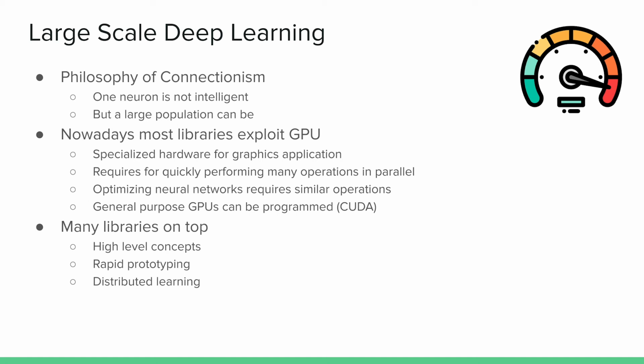And nowadays, most libraries exploit the graphical processing unit, your graphics card, to perform operations in parallel because they're specialized for running many parallel computations at the same time. If you have a matrix multiplication that should be repeated over and over again, graphic cards are excellent at doing exactly that. That's why general purpose graphic processing units are often programmable with CUDA, and deep learning frameworks are heavily making use of this to speed up training of your neural networks.